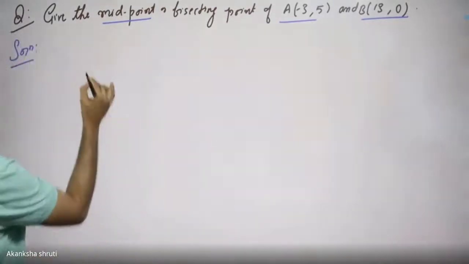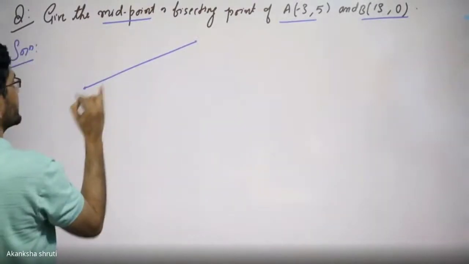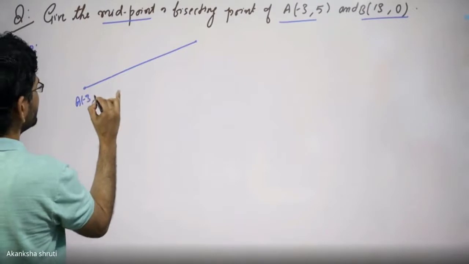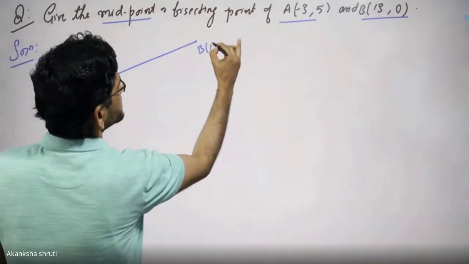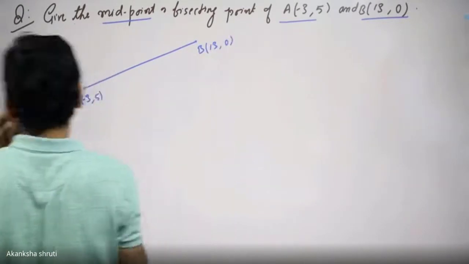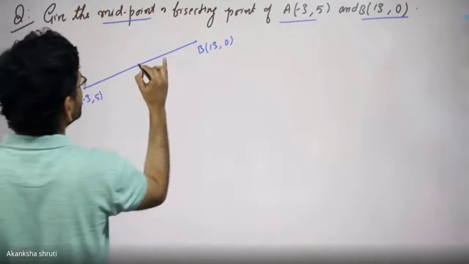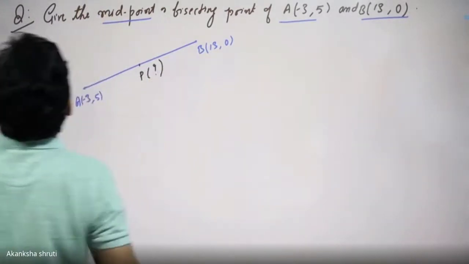So do not forget to draw the rough diagram. Students, let us consider this point as A (-3, 5), and this point as B (13, 0). We want to know the midpoint of this, P. What is the coordinate?